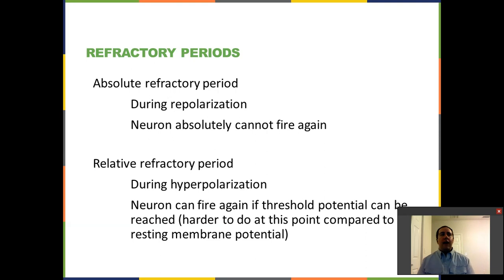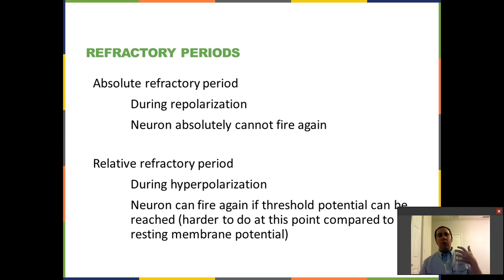If we look at that curve where we come up and then down and then we hyperpolarize before we come back up to the resting membrane potential, there are what we call refractory periods. Neurons fire over and over again very, very quickly. But there are times that it cannot refire.